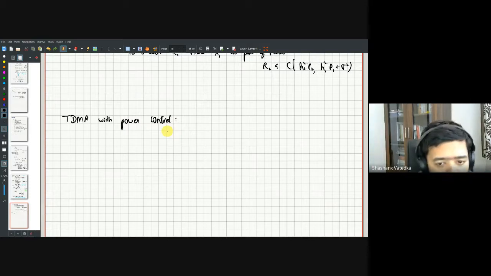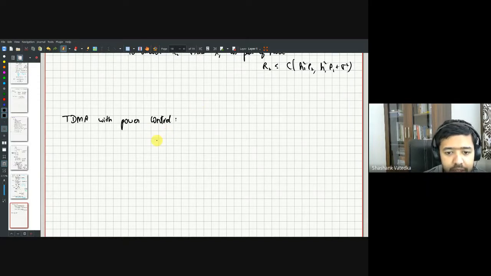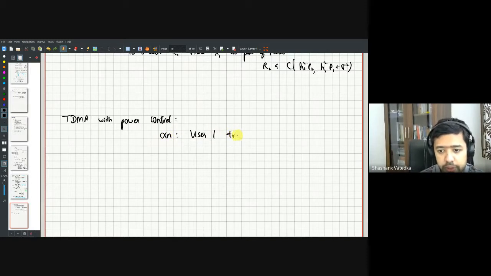Okay, and the TDMA with power control approach is the following. Note that what did we do in TDMA? We decided that for alpha fraction of the time, so for alpha n channel uses, user 1 transmits.